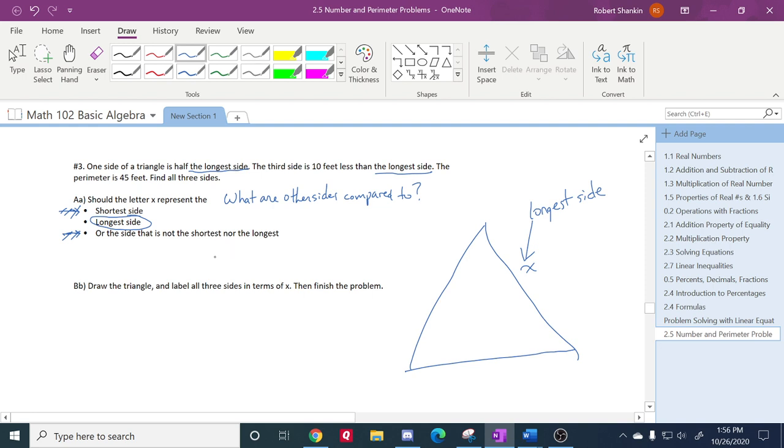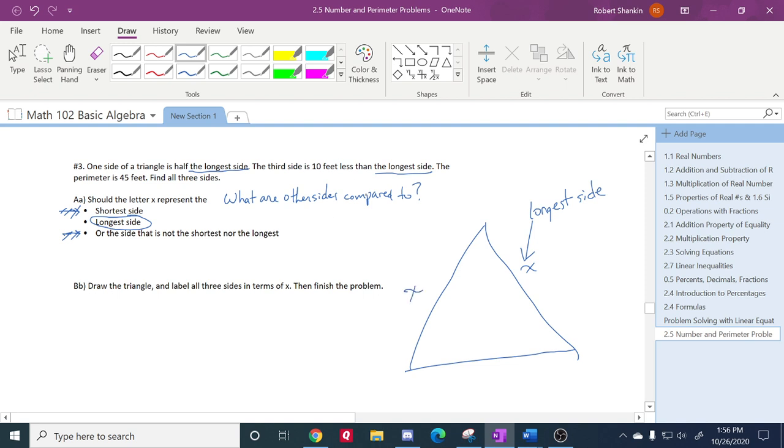So let me go to group 5. Any idea how I could modify this picture now? X minus 10. Where should I put that? On any of them? Very good. Any of the two? Doesn't really matter.